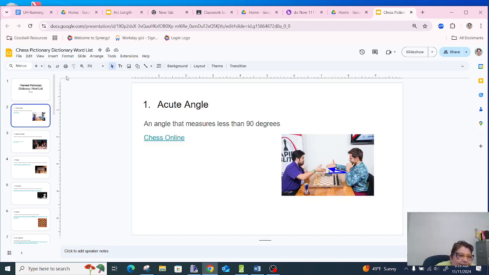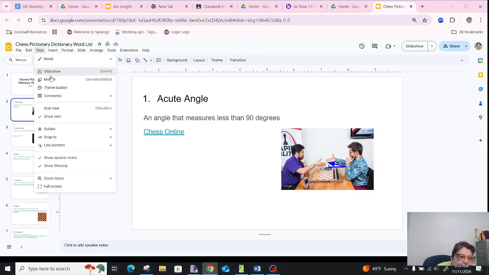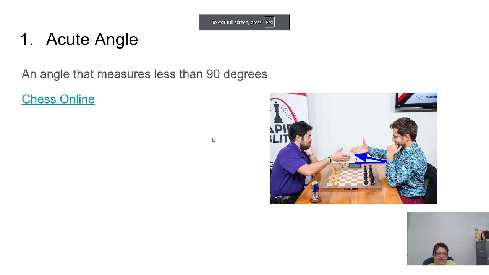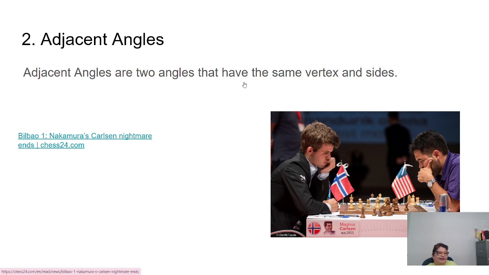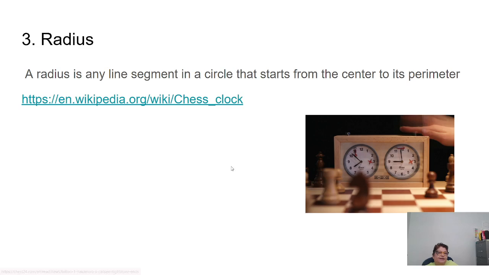So let me view slideshow. So see, he saw an acute angle right there, and this was the chessboard, and then see, you put an angle that measures less than 90 degrees, and then here adjacent angles. He was talking about the British flag right here, where these were, because he presented it and then explained it where this was.